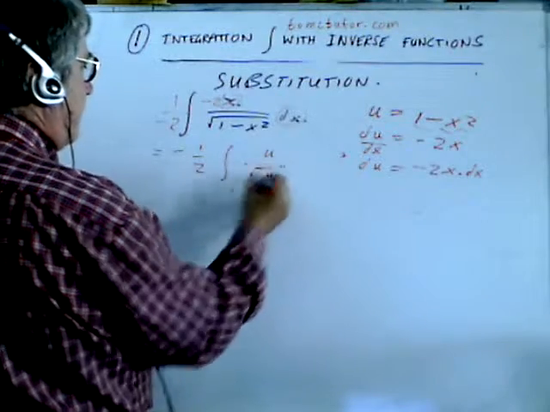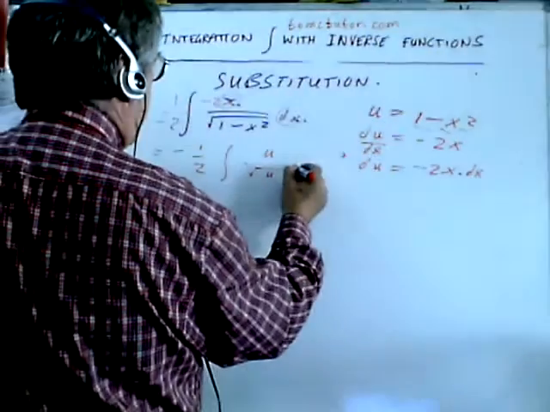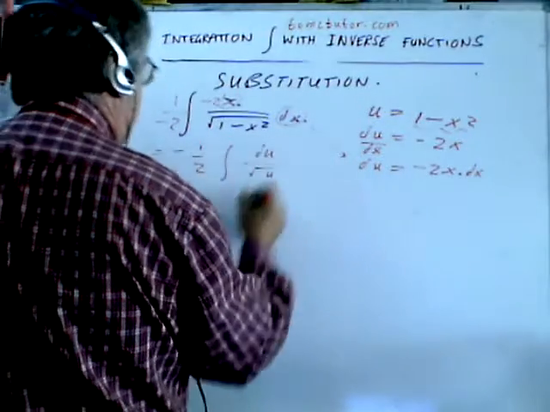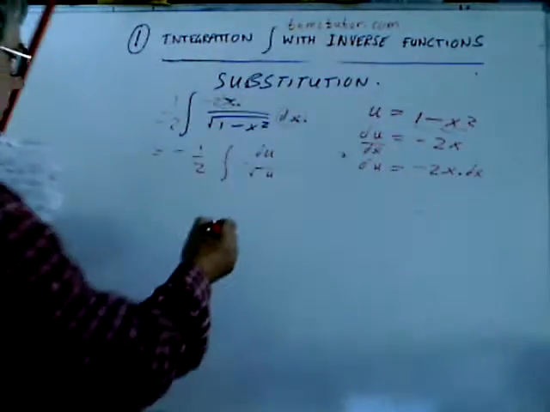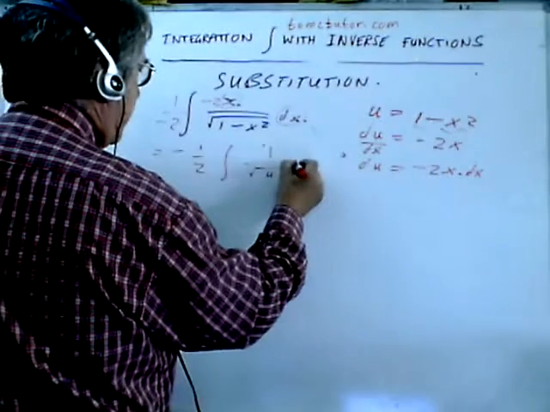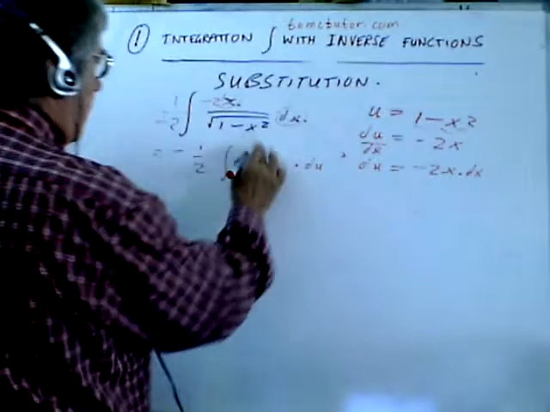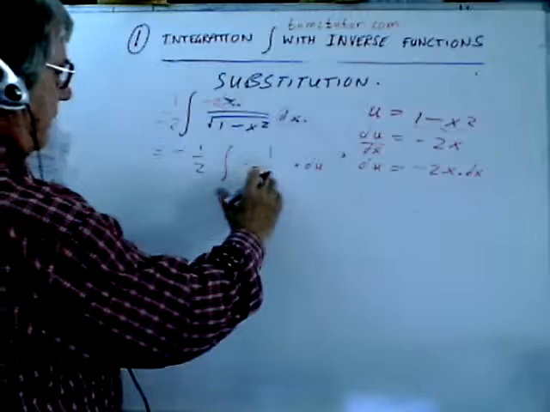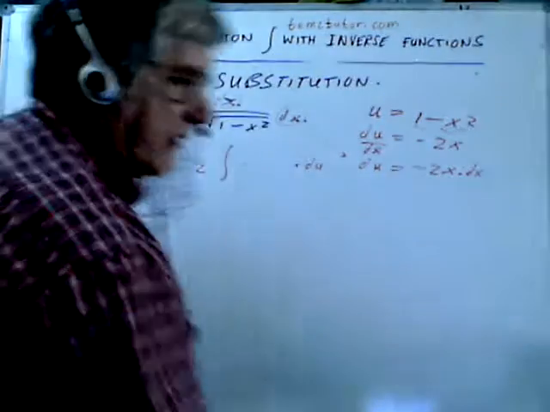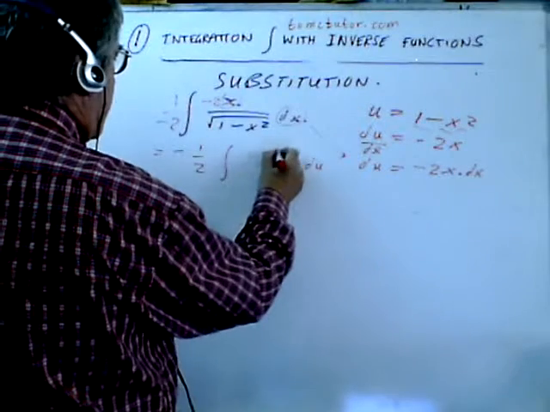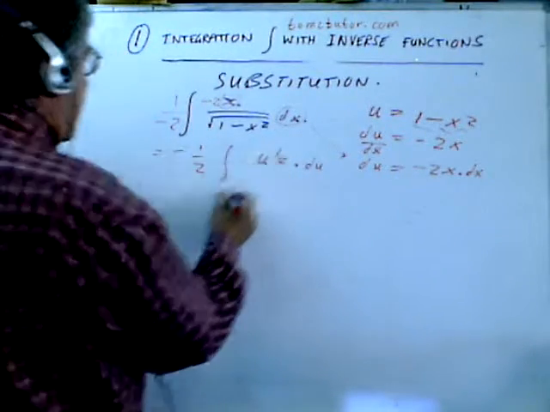Over the square root of u. Sorry, that's du up there, which is basically just 1 dot du. Or, in terms of standard form, that's just u to the minus a half.